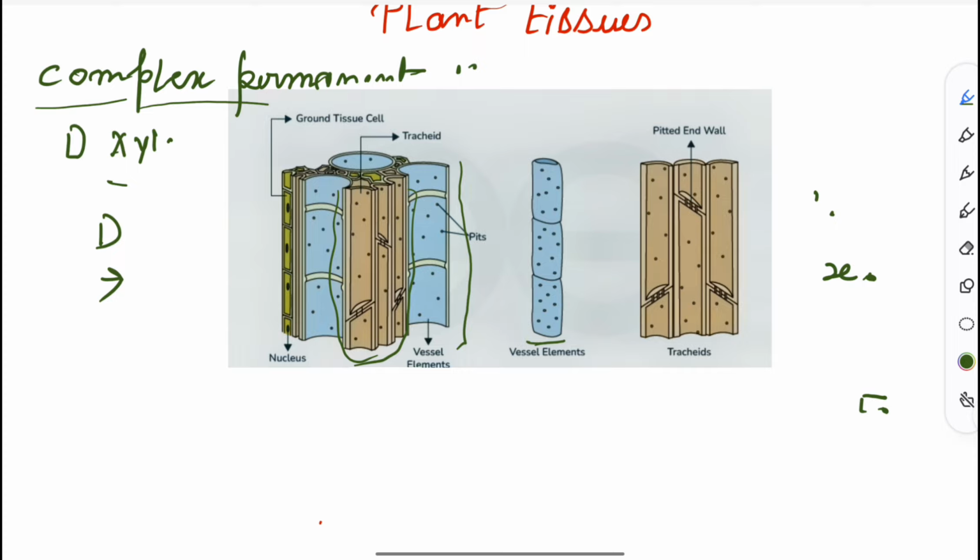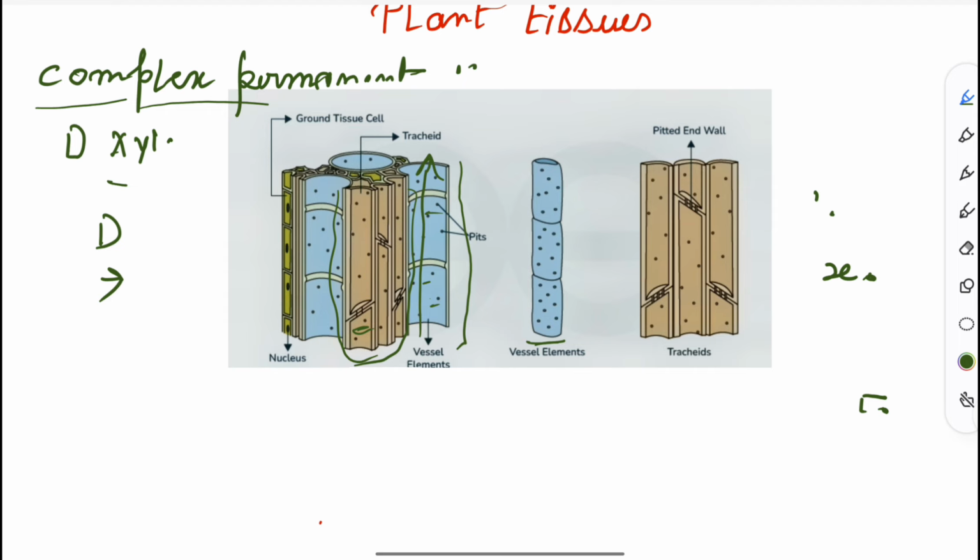The vessel elements are wider than the tracheid, the lumen is wider, and just like the tracheids, vessels also have many pits. The walls between the cells are already dissolved, so it is very easy for them to conduct the water.